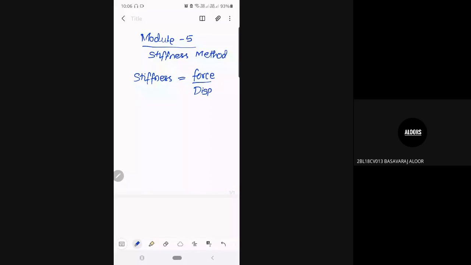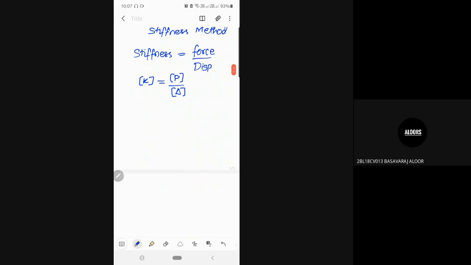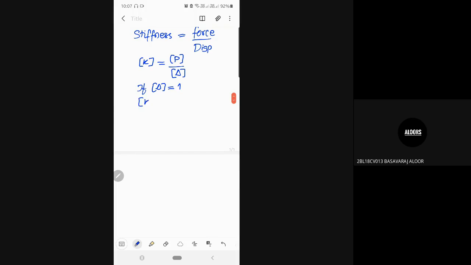That is, if I take stiffness as K matrix, force as P matrix, and displacement as delta, then K is equal to P by delta. Now if I take delta equal to 1, that is displacement equal to 1, then I get K is equal to P.